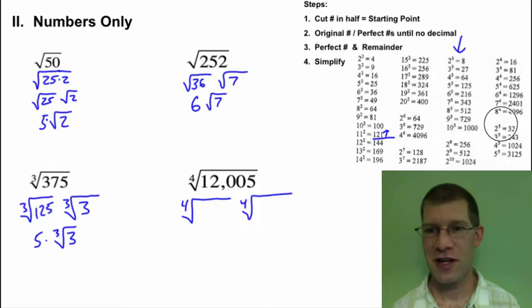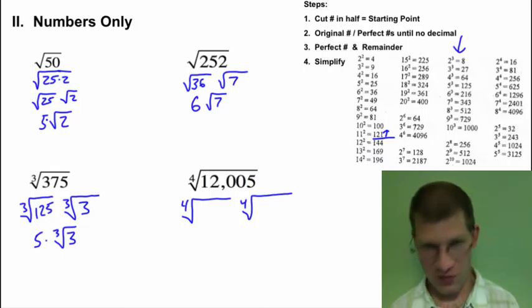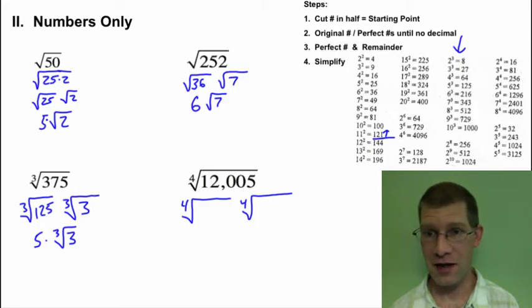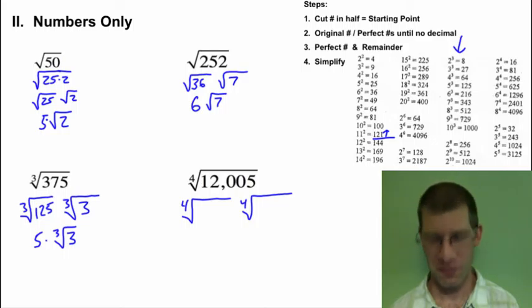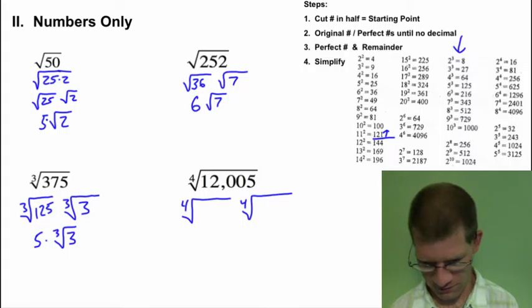So then I'm going to start with my 4,096. So 12,005 divided by 4096 doesn't go into it. 2.93 and so on. So 12,005 divided by my next number up in that fourth power column. So we're doing fourth roots. 2401.